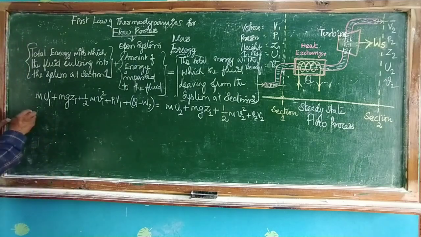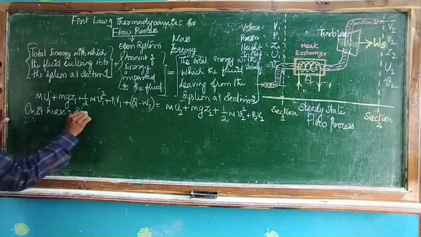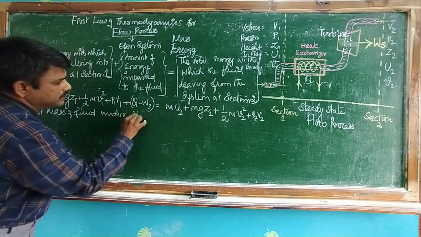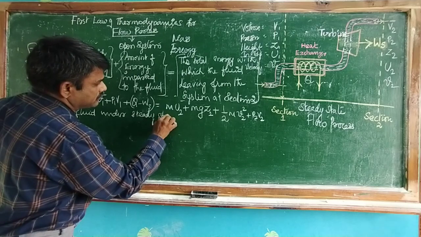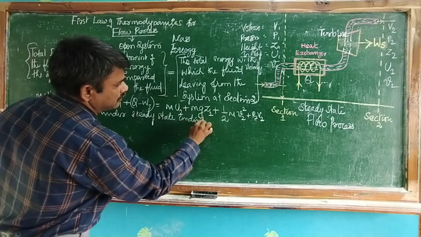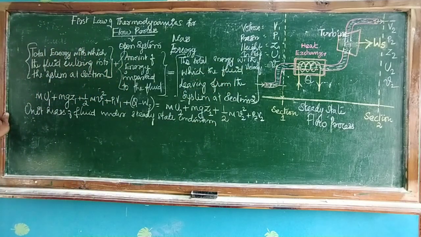For a unit mass of fluid under steady state condition, for this idealized flow process, it can be written like this.